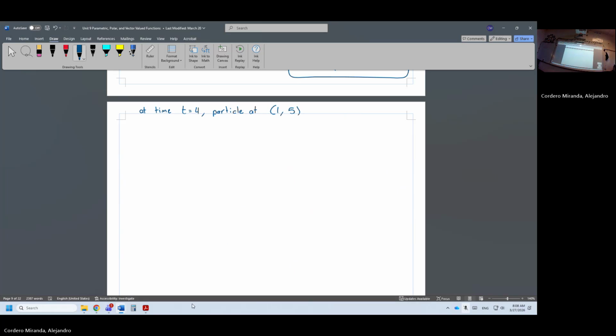Okay. At time 4, the particle's at that point. Then it's asking for the y coordinate at time 6. Any ideas? Or should I say?